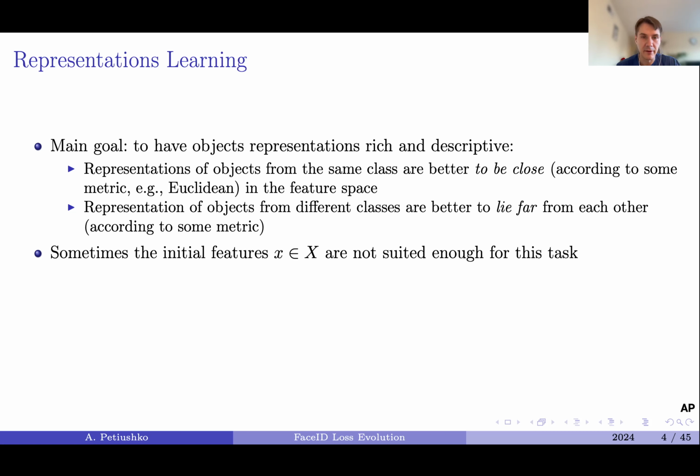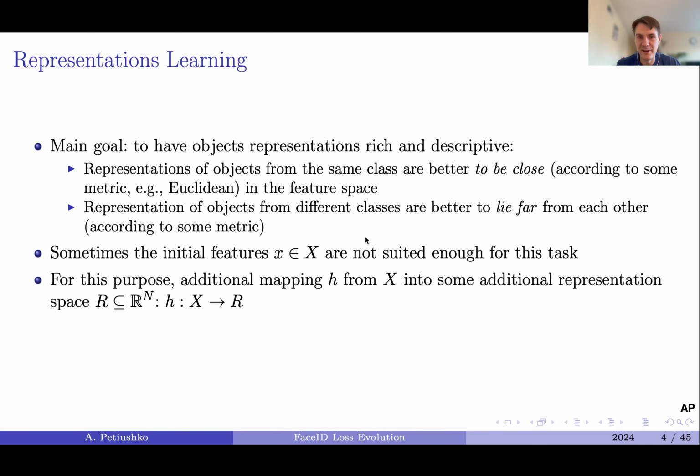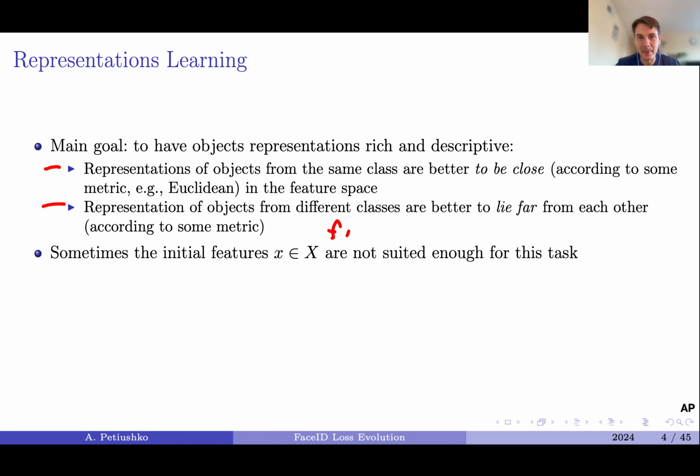Sometimes these initial features x in X capital are just not suited enough for this task. For example, you don't have either this property or this property, and let's just remember that x is some mapping that probably has been done by human experts.